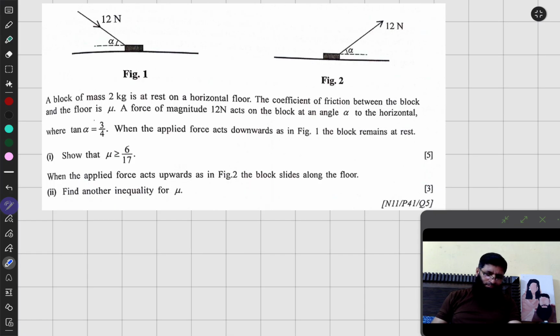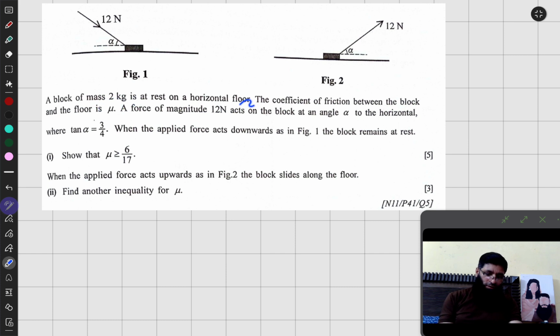Look at this question, and if you read the statement, first of all, in diagram 1, a block of mass 2 kg is at rest on a horizontal floor. The coefficient of friction is mu. You don't know about mu.